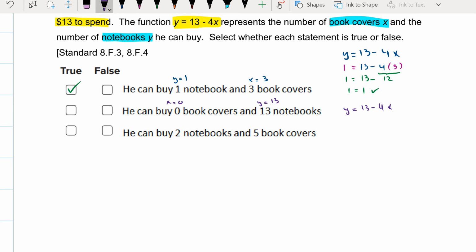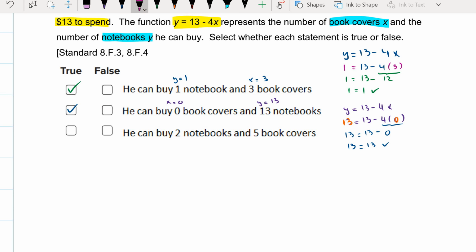This time y is 13 and x is 0. So 13 equal to 13 minus 4 times 0. 4 times 0 is 0, so 13 equal to 13. This is a true statement, so the answer is true.